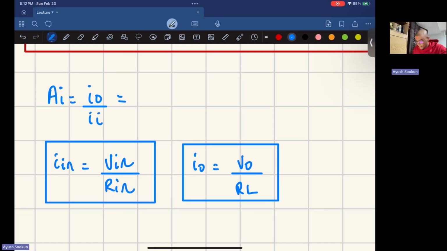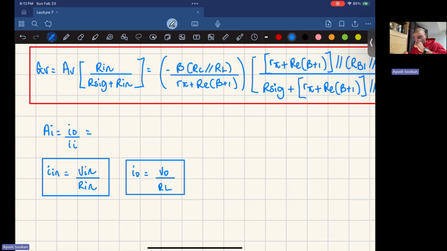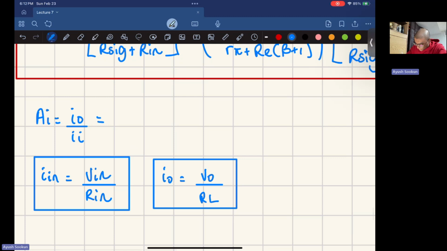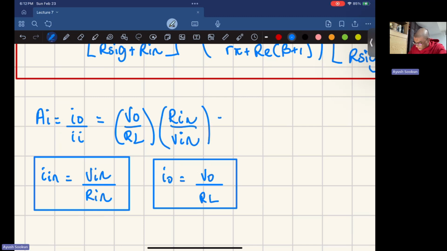Now I have my output current in terms of V output and input current in terms of V input, so I'll just replace them. I output would be V out over RL divided by I input. Since I'm dividing, I'm just going to multiply by the reciprocal, so it becomes R in over V in. Now I can see something going on here.